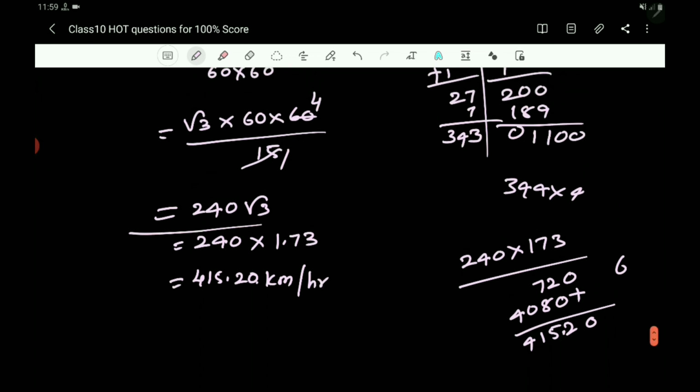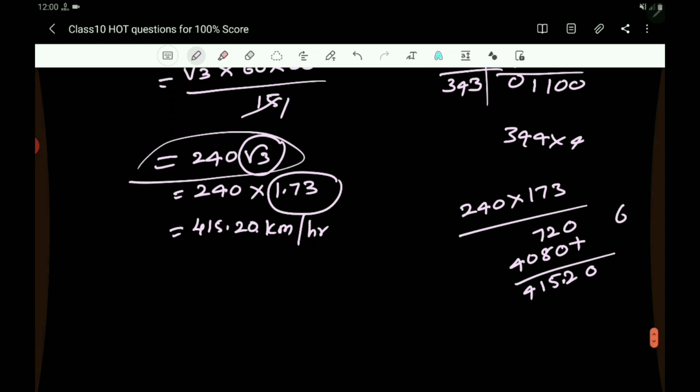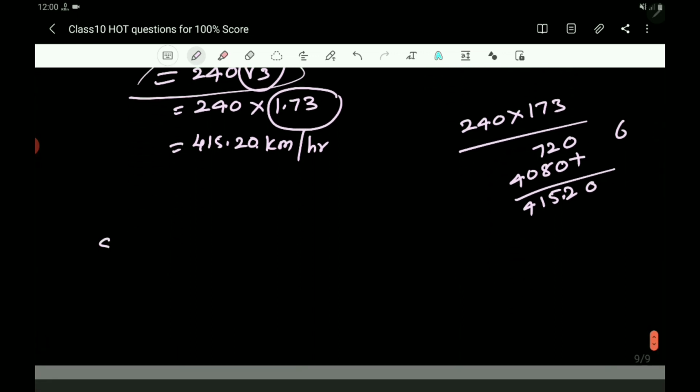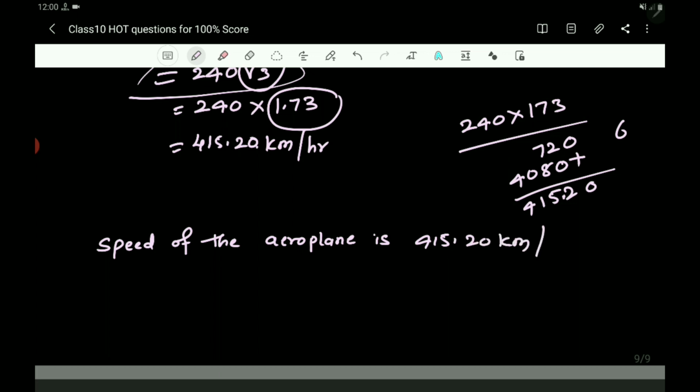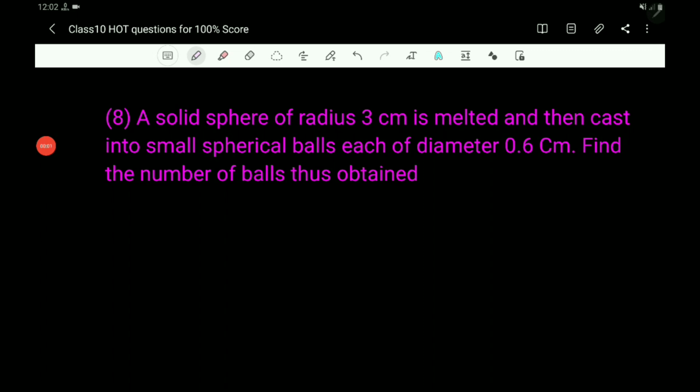Or you can write this one also, 240 into root 3. But this is also approximate, because this 1.73 is the approximate root of 3. So you got the speed of the aeroplane. Speed of the aeroplane is 415.20 kilometer per hour.